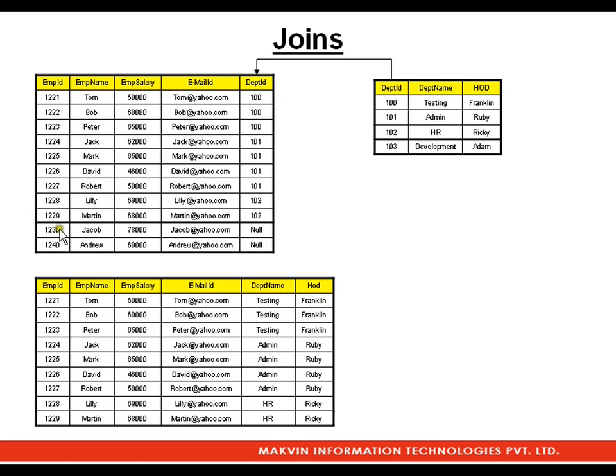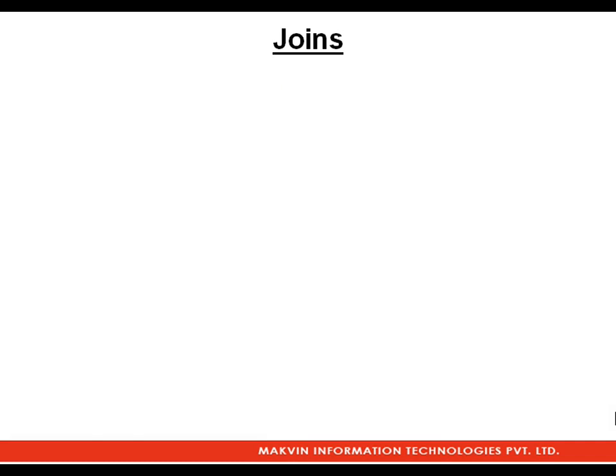Now 1230 and 1240 are unmatched rows, I haven't included that. Even development is unmatched, I haven't included that in my result set. So I can say I have matched rows from left table and matched rows from right table. This is nothing but my inner join. Inner join is nothing but a join in which I have matched rows from left table and matched rows from right table.